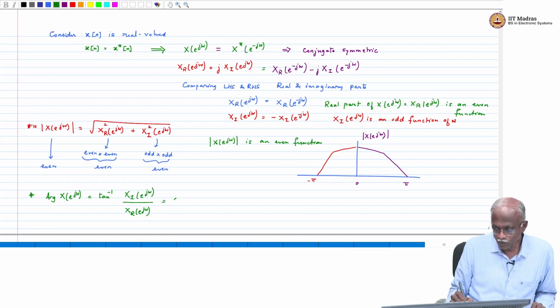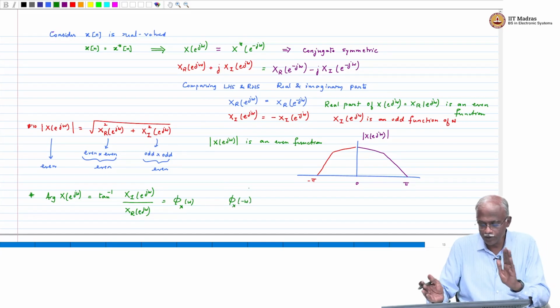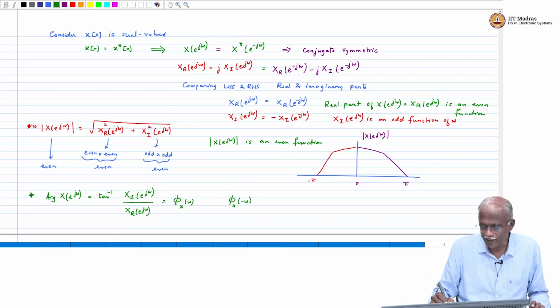This is equal to φ_x(ω). Now I am interested to note φ_x(−ω). Wherever there is ω, I substitute with minus ω. So this is tan inverse of X_I(e^{−jω}) divided by X_R(e^{−jω}).